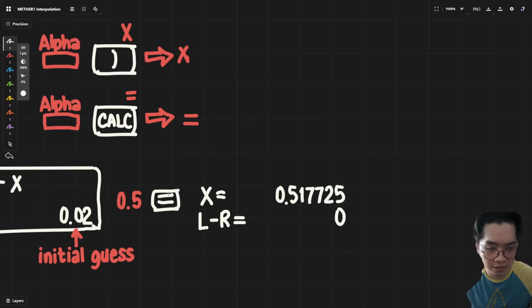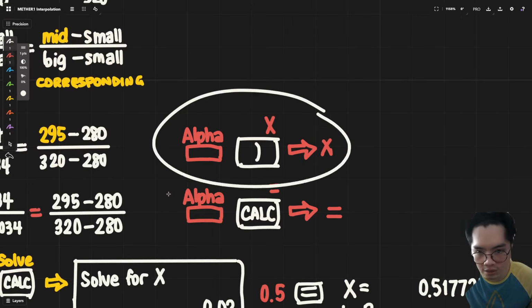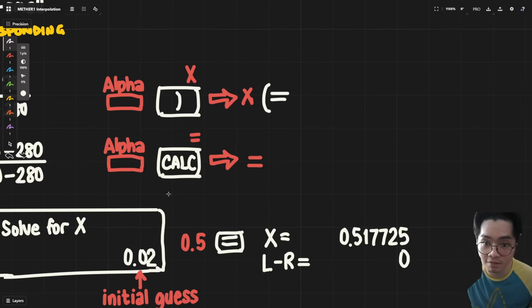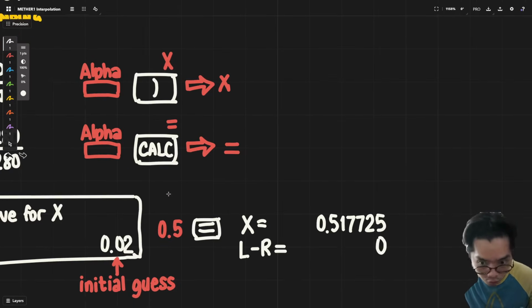X in here really is just the value of x that you have gotten. And the next time you try to get the value of x, say for example, if you just press equals, you will see that it is now stored as the value of x, which is very useful.